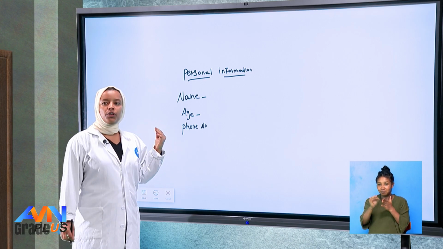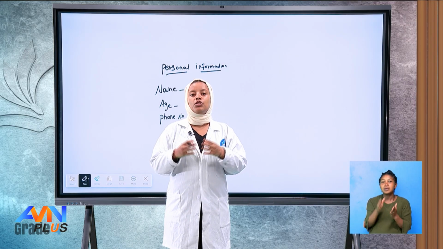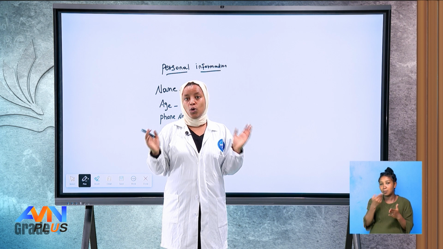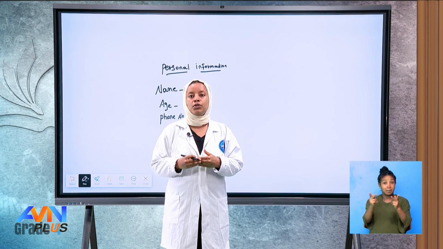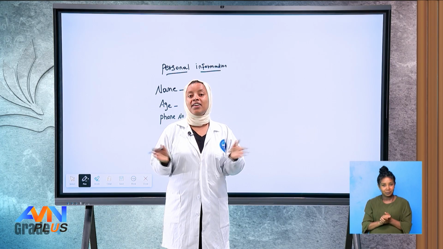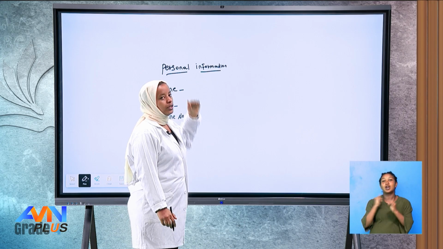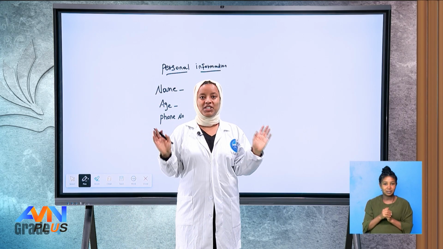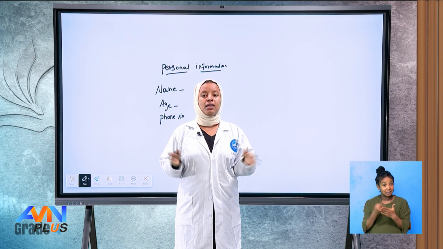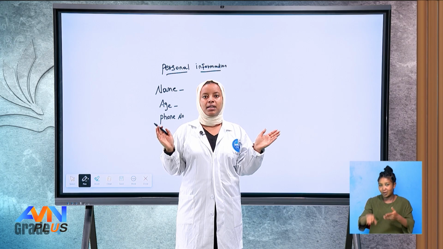And also your father's name, your mother's name, and the school that you learn in. And also where do you live? You can answer those questions with personal information, some details about yourself. Students, this is our previous lesson. Let us start today's lesson.